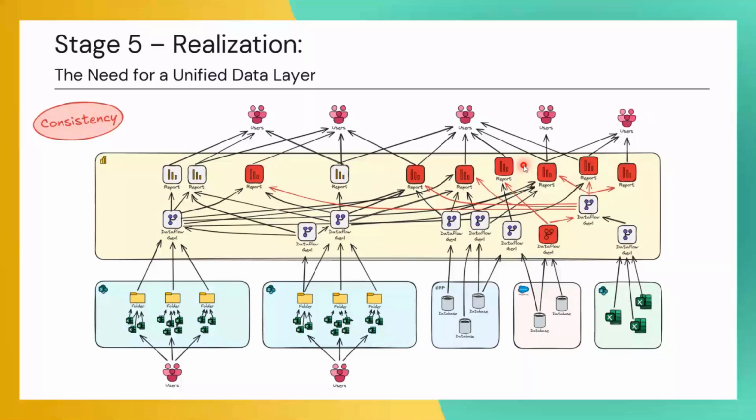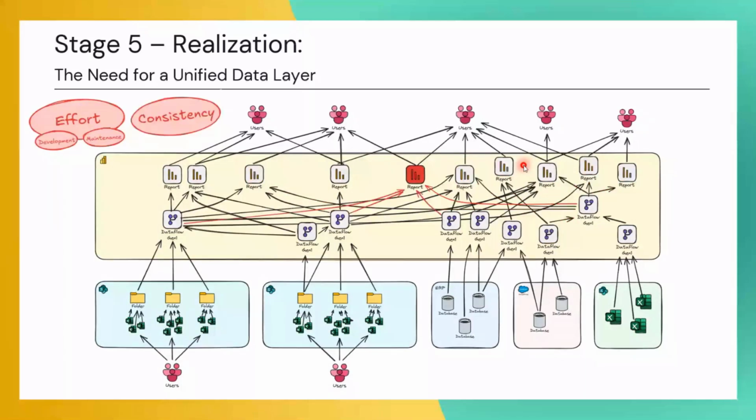And the second issue that we had is that users underestimated the required time for new developments. As you can see here, this is one of the reports that was new in this stage. There, from the arrows marked in red, you can see that I needed to integrate 4 different data flows.